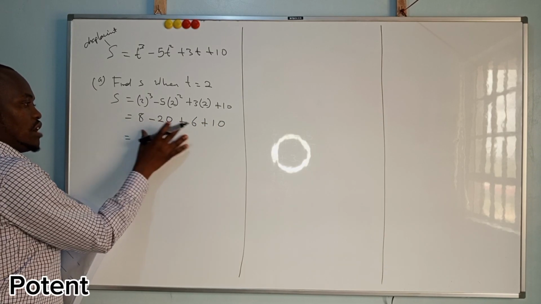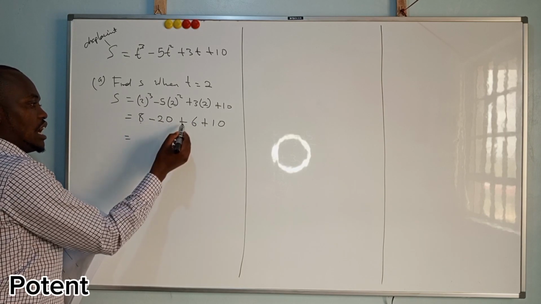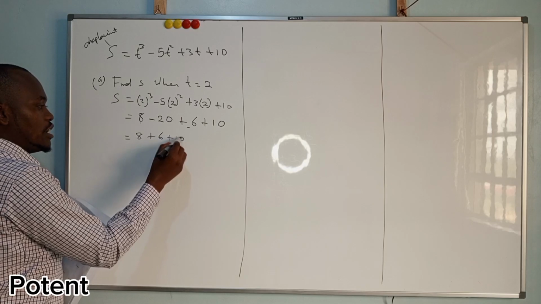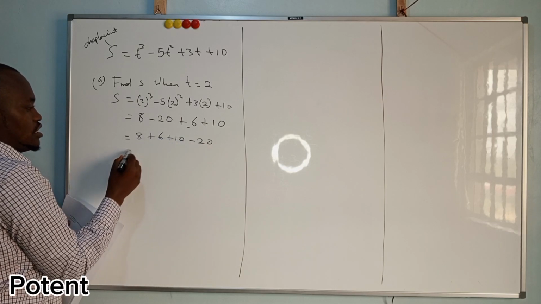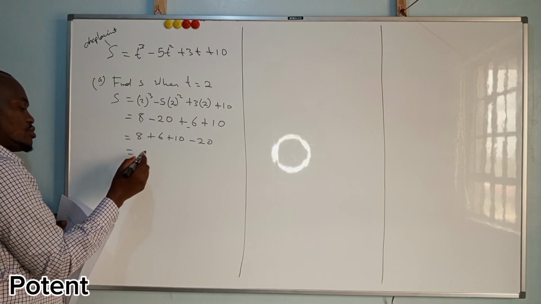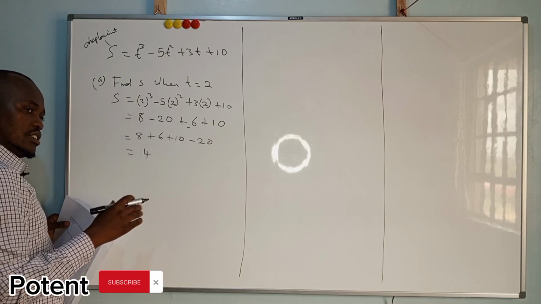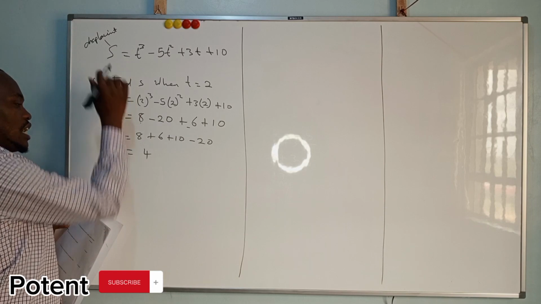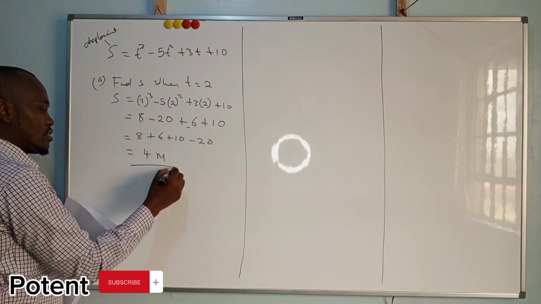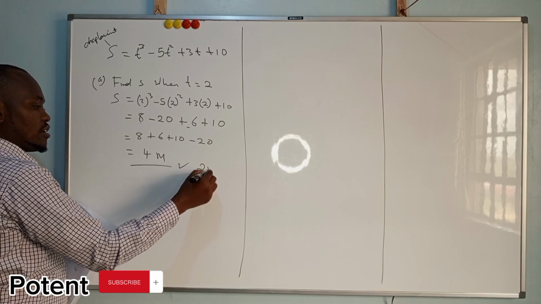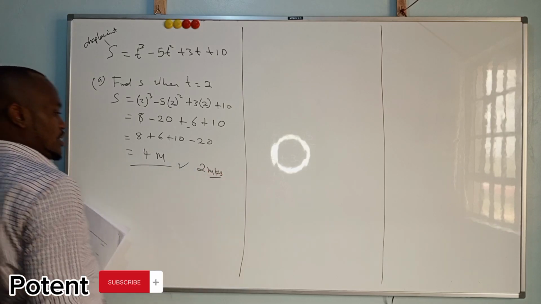When you have this, you first add: 8 plus 6 plus 10 is 24, minus 20, which is 4. So 4 what? 4 meters. So this is 2 marks.